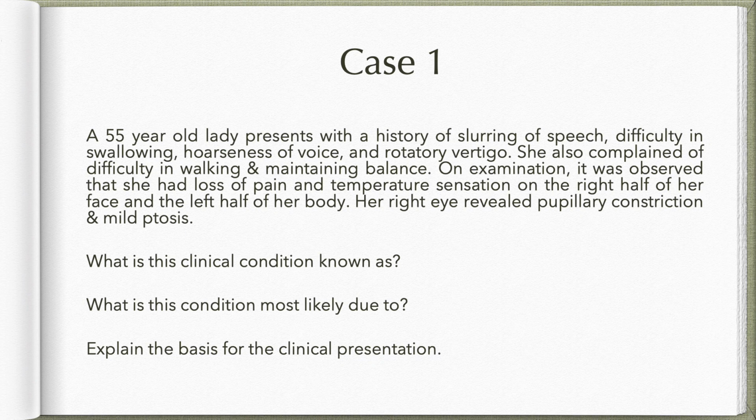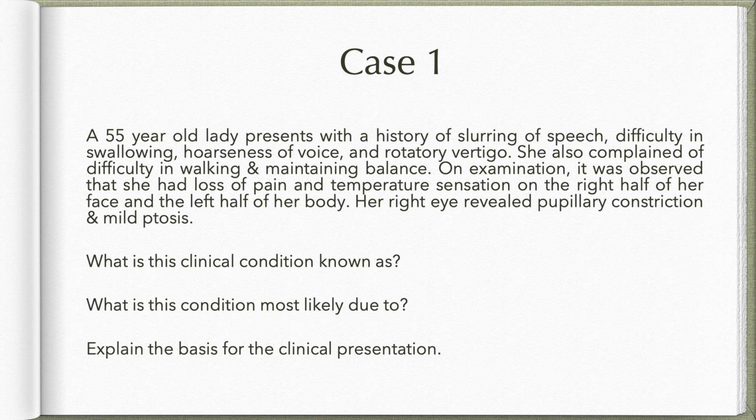A 55-year-old lady presents with a history of slurring of speech, otherwise known as dysarthria, difficulty in swallowing, otherwise known as dysphagia, hoarseness of voice, otherwise known as dysphonia, and rotatory vertigo. She also complained of difficulty in walking and maintaining balance.